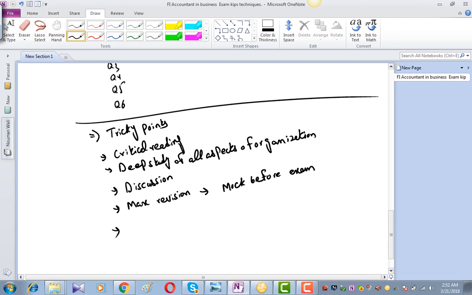And next is time management and pressure management. In the exam, time management and pressure management is a key skill. If you are not able to understand one question, move to the next question.